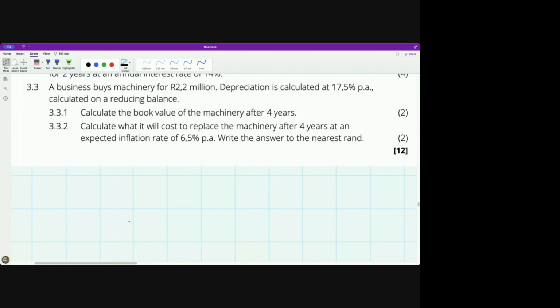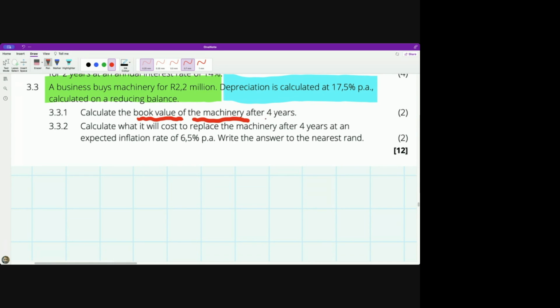So it says, a business buys machinery for 2.2 million rand. This piece of equipment loses value. It's calculated at 17.5% per annum on the reducing balance method. Question number 1 for you guys is work out the book value of that machinery after 4 years.